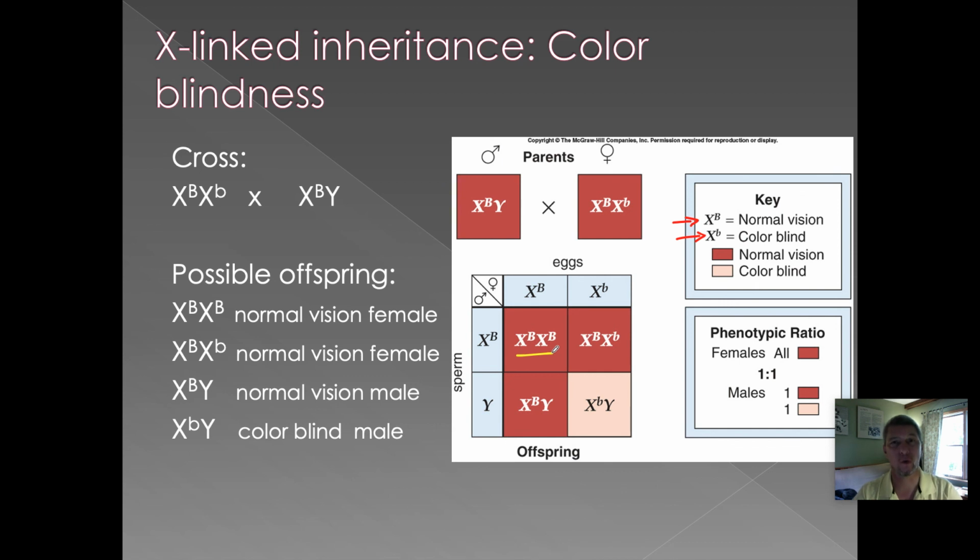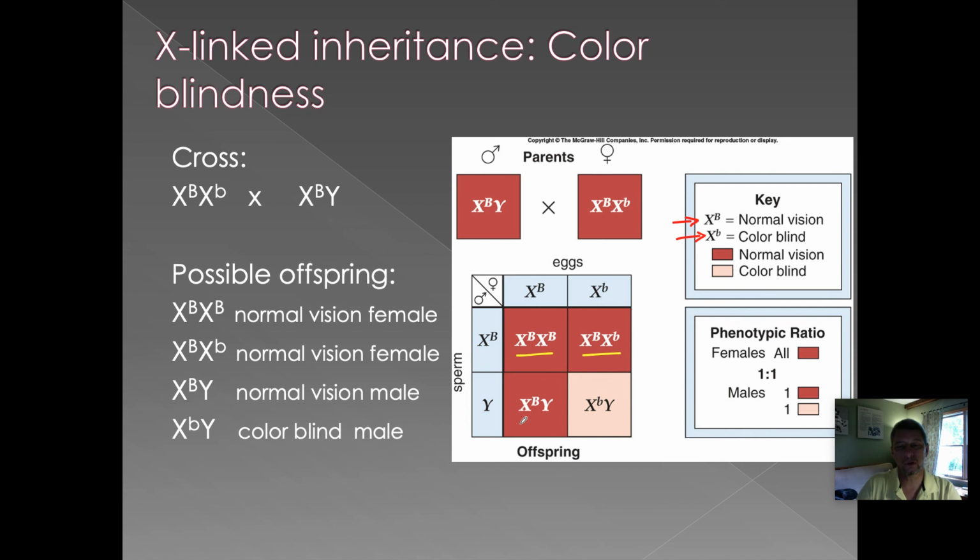Her vision is normal. This daughter over here gets the dominant allele on the X chromosome from dad, but the recessive allele on the X chromosome from mom. So she is heterozygous, or what we call a carrier, because it's possible for her to give that allele to her offspring.